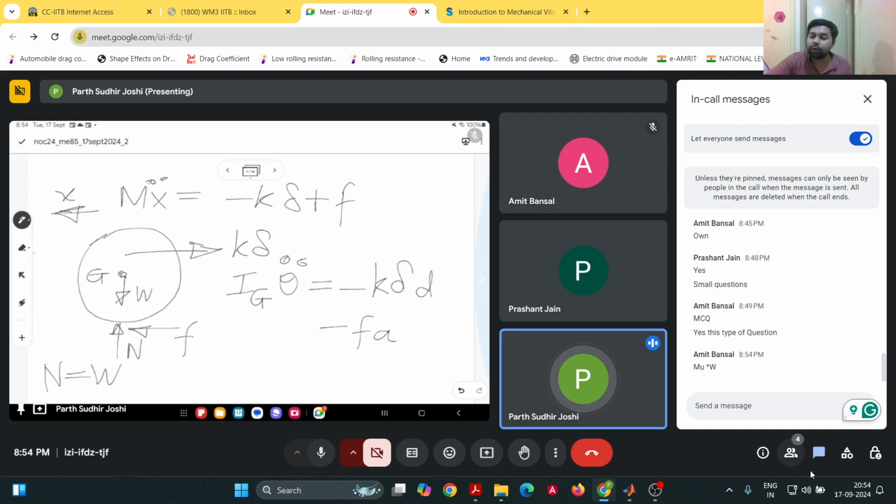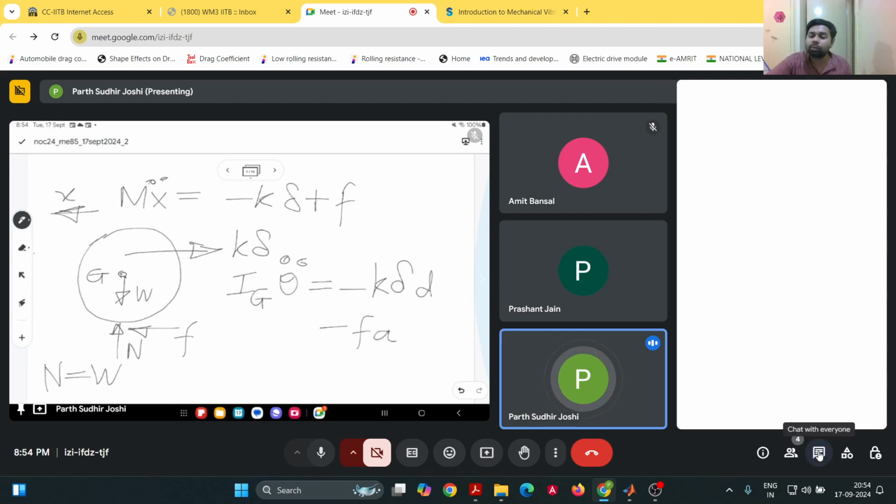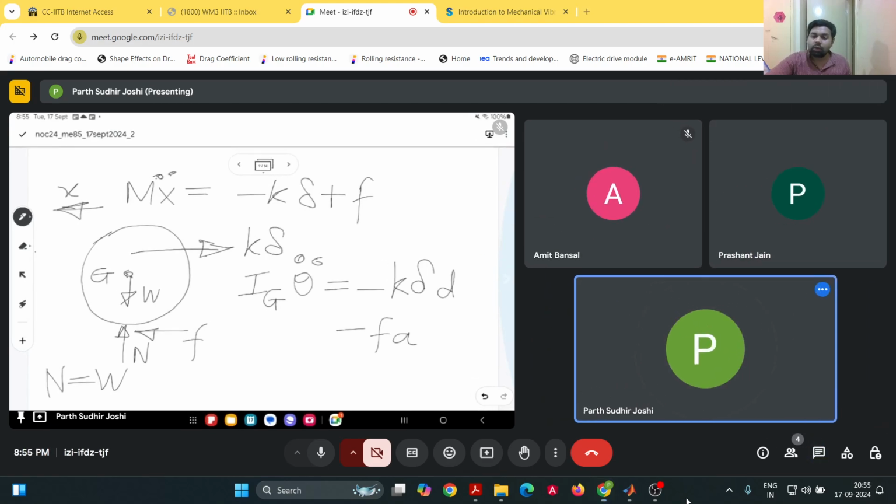Friction force cannot always be mu into W, because it will be mu into W only if it is slipping, at the point when friction force has actually reached the point at which the thing starts slipping. So do not be tempted to always replace friction by mu into normal reaction.